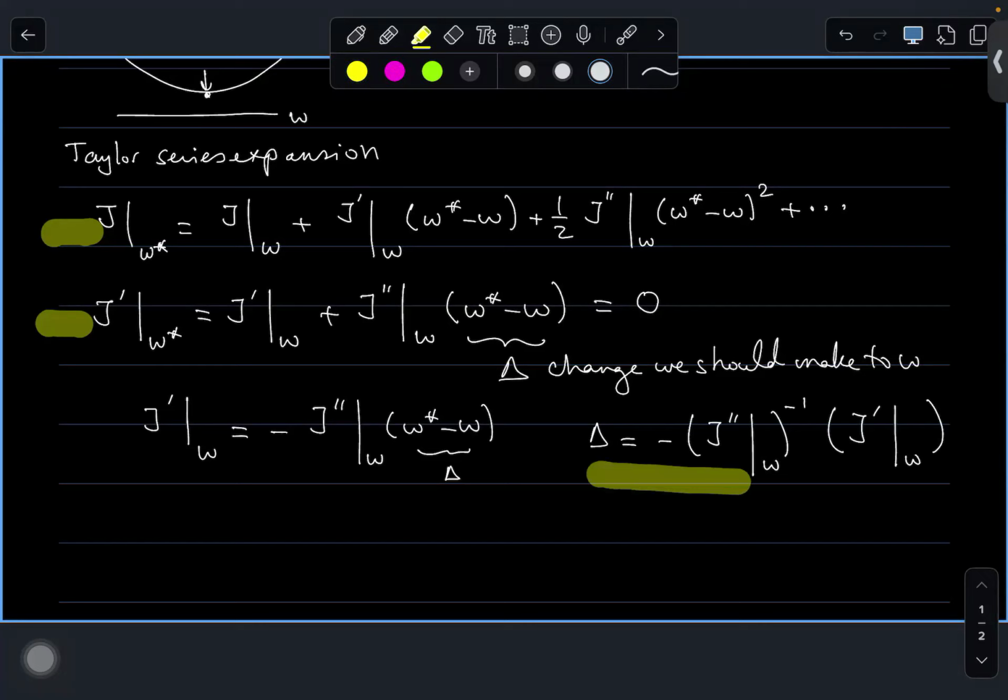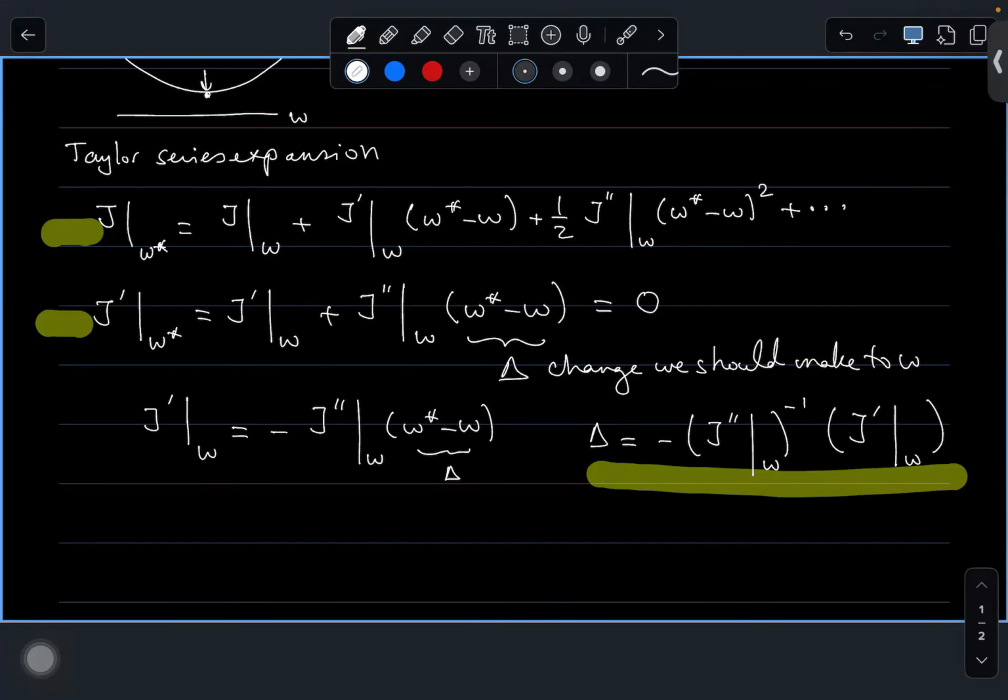I'm going to underline it for you. So that says the optimum change that you should make to completely remove the error is to look at the first derivative, the gradient that you have at the location where you are, and then scale it by the inverse of the second derivative. That's how you would completely remove the error if the cost function is a quadratic in the parameter space W that you want.